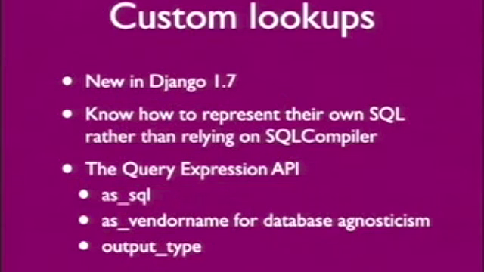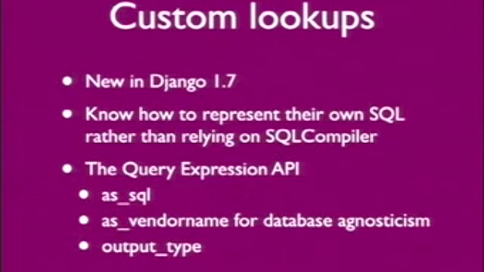The responsibility for that has been passed into the lookup objects themselves, like we did have with where nodes before. So they know how to do it themselves, and we've actually now got a documented definition of what we're calling the query expression API, which is that these objects have a method called as_sql, which knows how to compile itself into a SQL string.